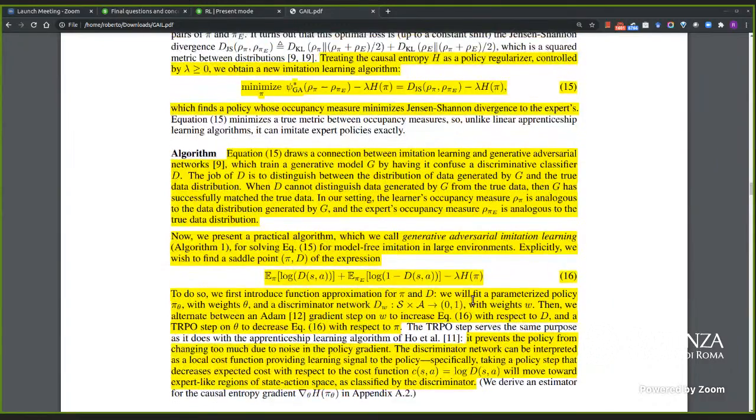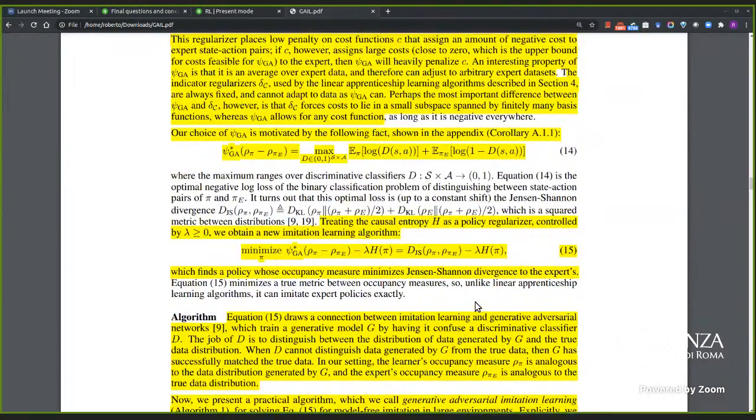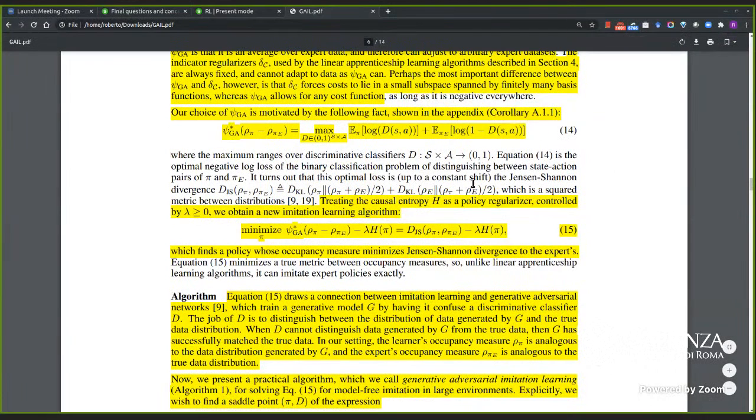So let's look again a bit more in detail at this formula. We're trying to have a setting where this D represents basically the cost function, because the logarithm of D is the cost function.